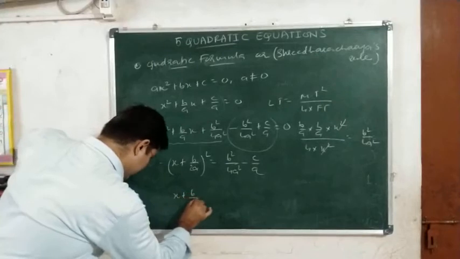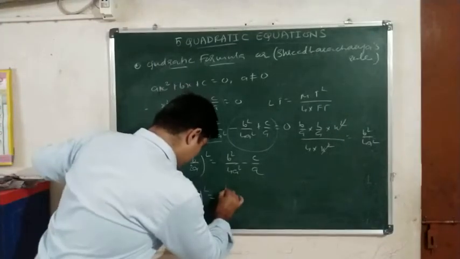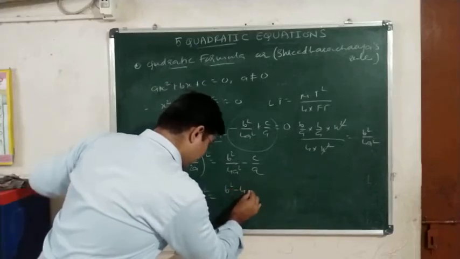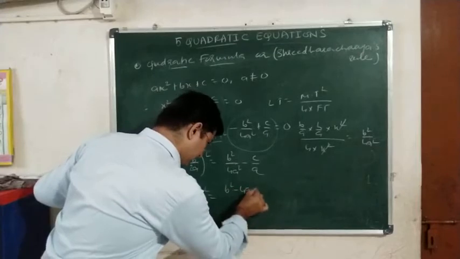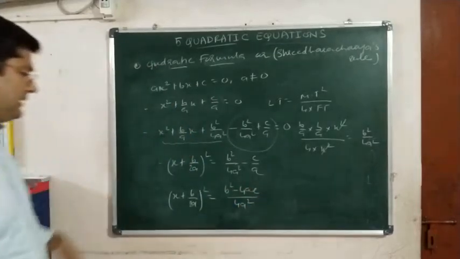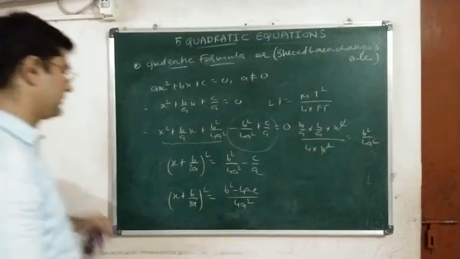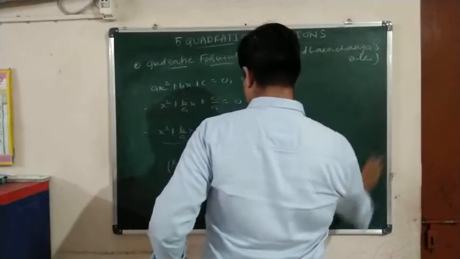So x plus b upon 2a the whole square is equal to b square minus 4ac, and 4a square is the LCM. Clear?